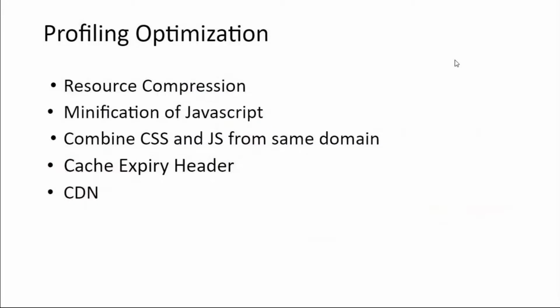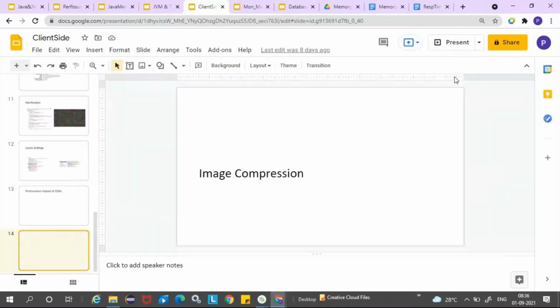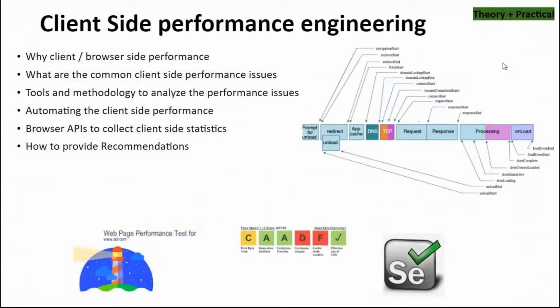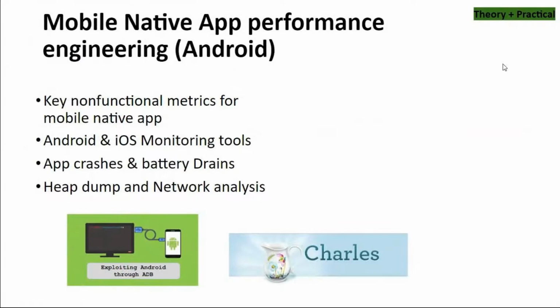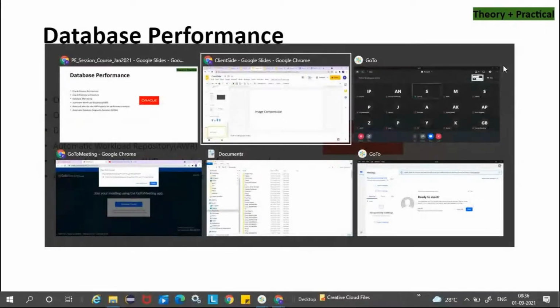And then we'll also look into a couple of important optimizations: resource compression, minification of JavaScripts, combining the style sheets and JavaScripts, cache expiry headers. All these things are part of how to do the engineering after optimization of the client and learn from client side principles. Okay, and then the next thing is going to be your database performance.